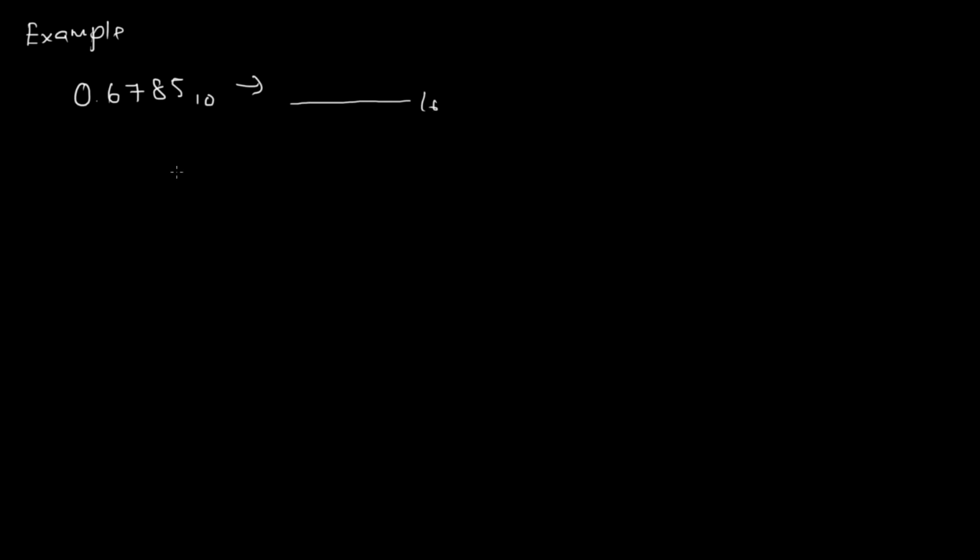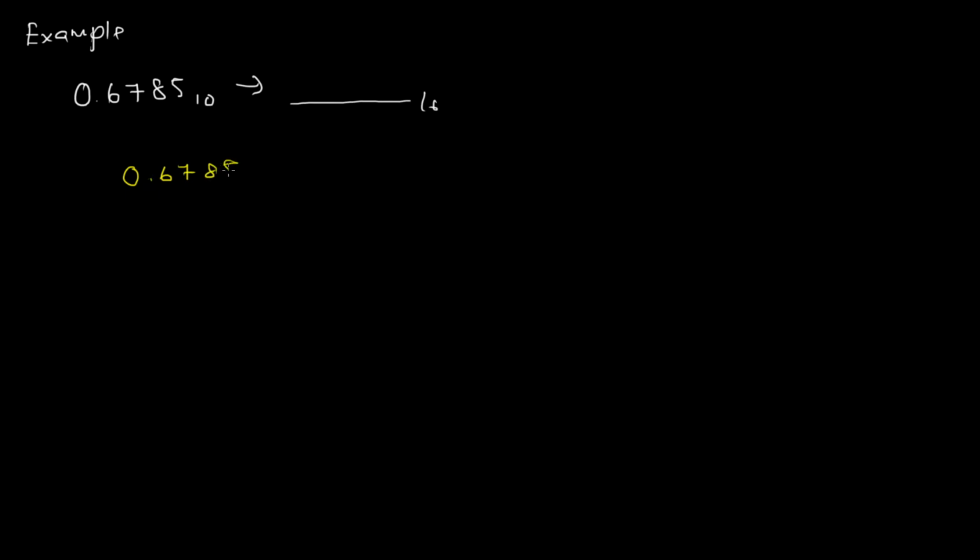So how do you do that? When you have a number with a decimal point, you have to multiply the number with the base value. For this case it will be 16.